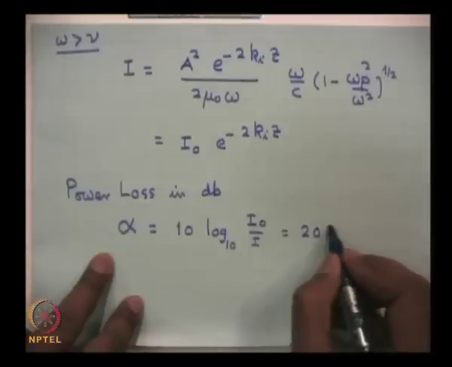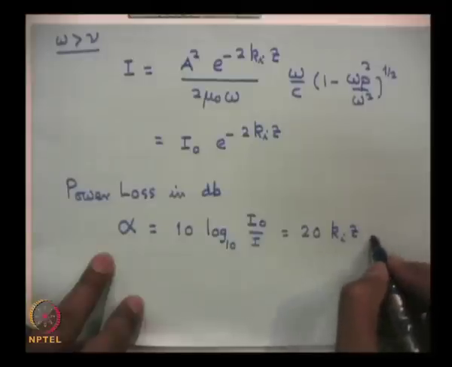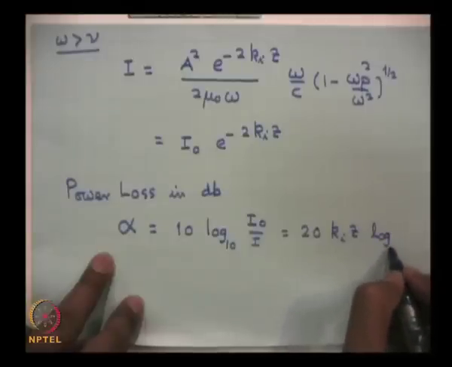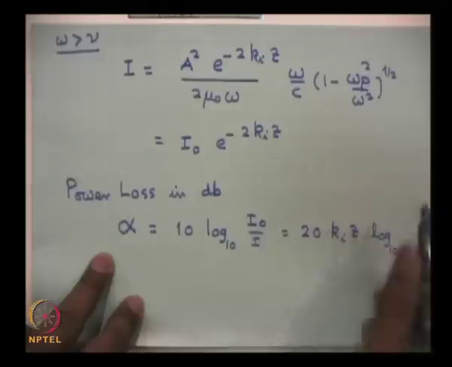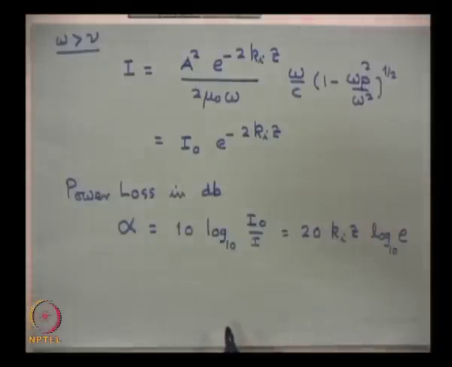20 into Ki into Z into log to the base 10 of E. Log of E to the base 10 is 1 upon 2.3.